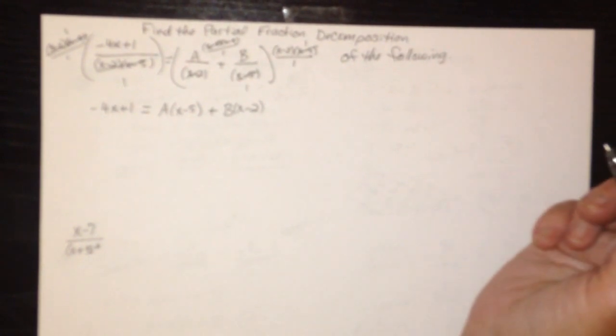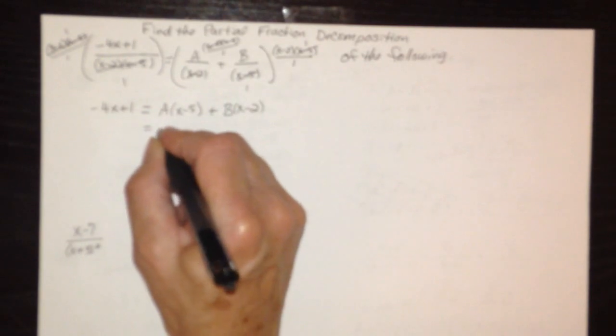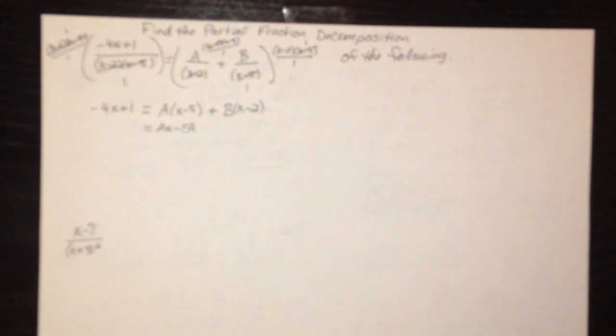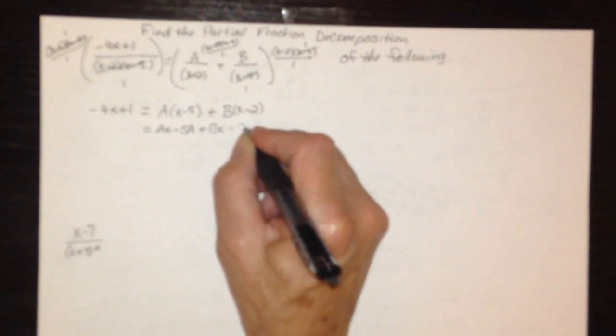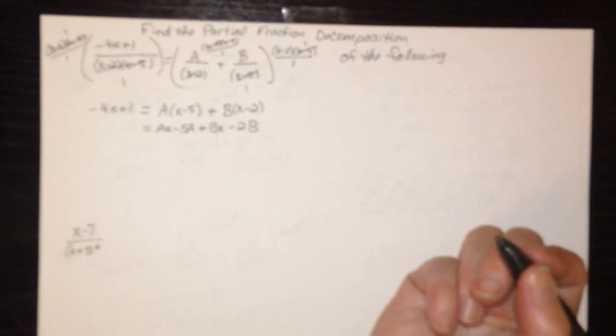Now we need to solve this equation for a and b. On the right-hand side, I'm going to distribute the a, leaving me with ax minus 5a. I'm going to distribute the b. That gives me bx minus 2b. What I'm going to do now is collect the terms together.